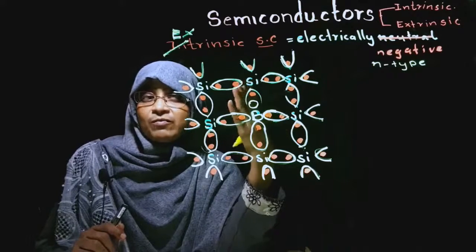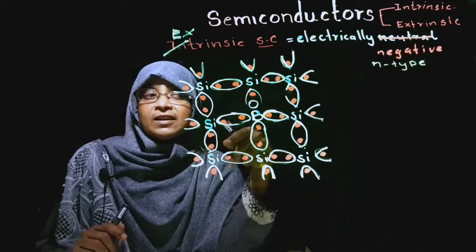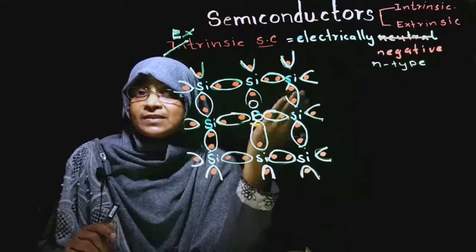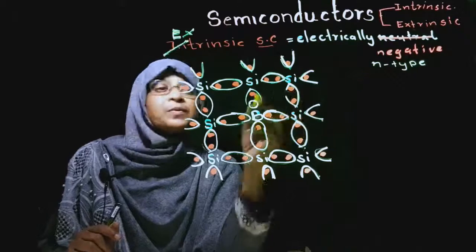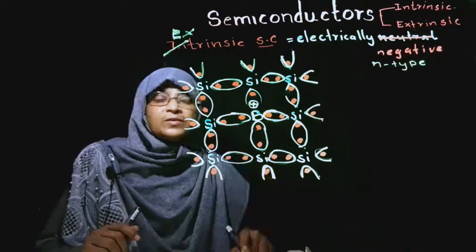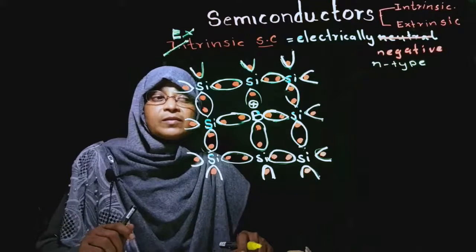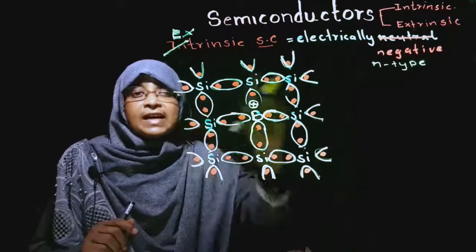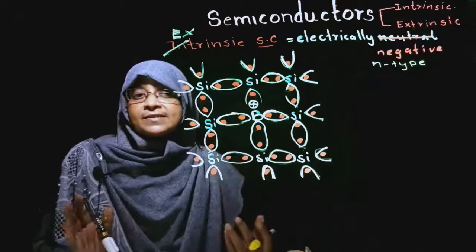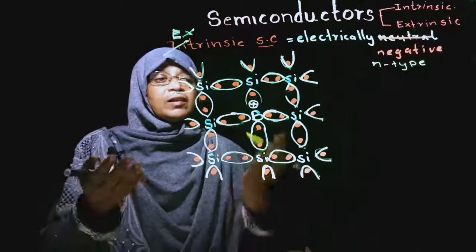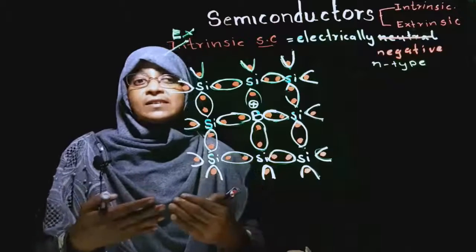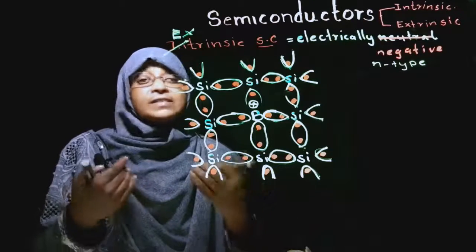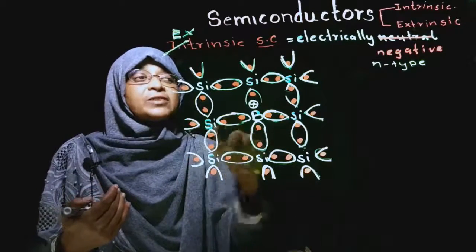So we know what charge does this space represent? Positive. So this lattice has a positive excess. So it is always trying to accept an electron from anywhere.